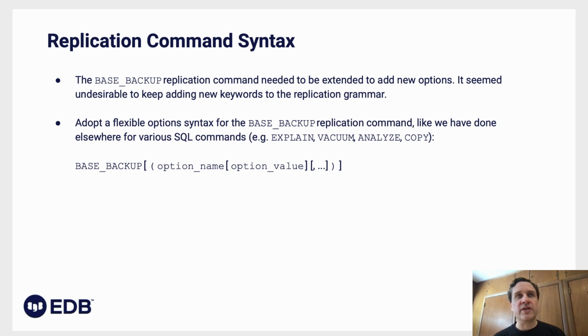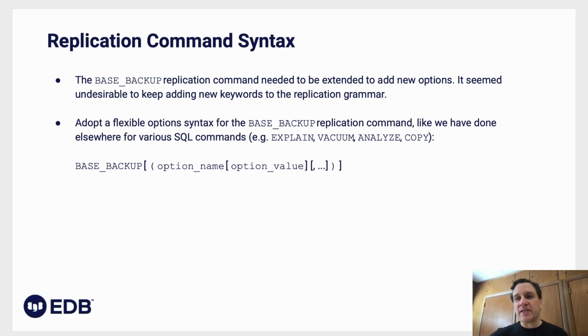And so adding new features to pg_basebackup also means, generally speaking, that you need to extend this command language, and the syntax that we had for this command wasn't as easy to extend as I thought that it should be. So I changed the syntax and reworked things a little bit in order to make it easier to do.